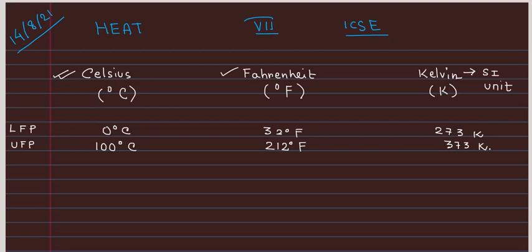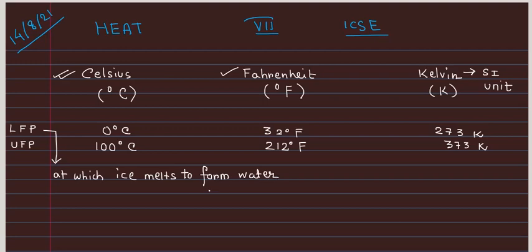Now how are these lower and upper fixed points fixed? Well, by convention, the lower fixed point is that temperature at which ice melts to form water.